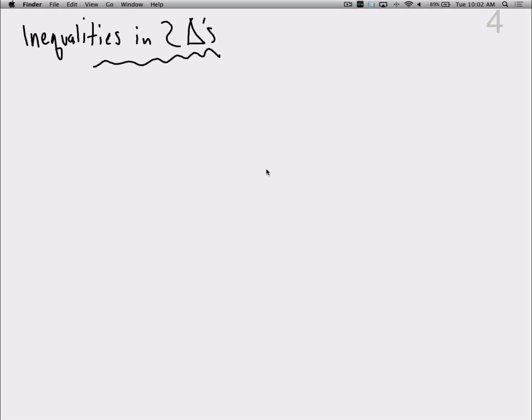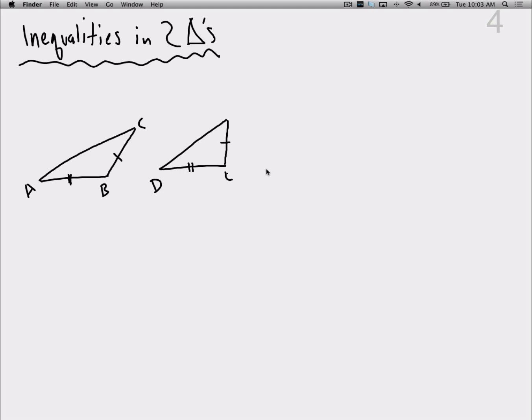So yesterday we did inequalities in one triangle, so today we have inequalities in 2 triangles. A, B, C, D, E. This, by the way, is called the Hinge Theorem.